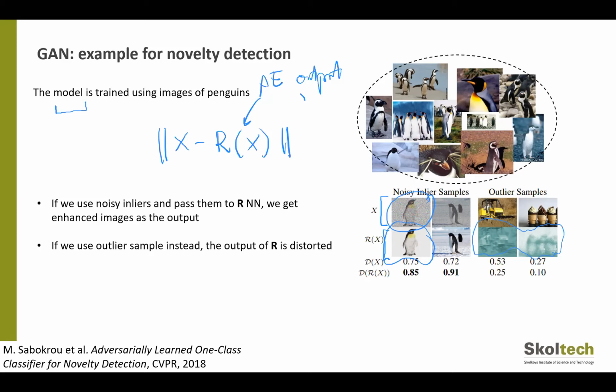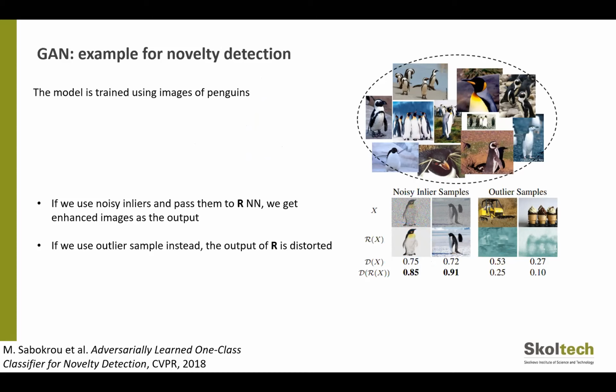We can also try to see this not only from images, but also from scores. As we have a discriminator in our framework, we can look at the scores of the discriminator here.